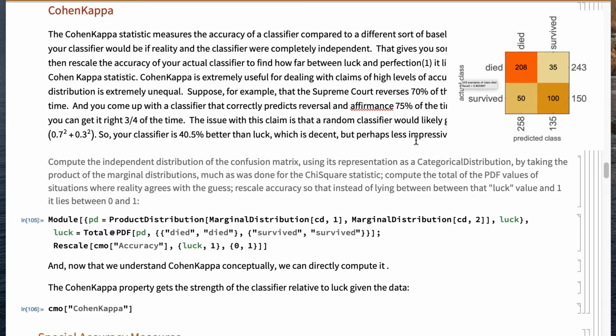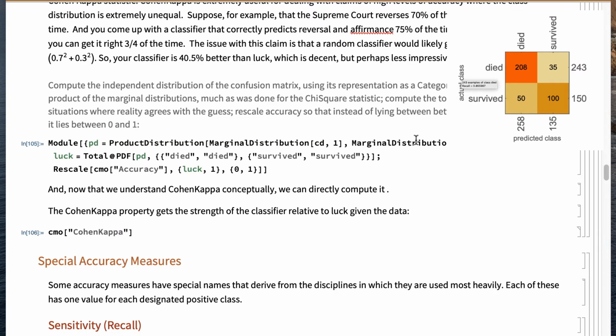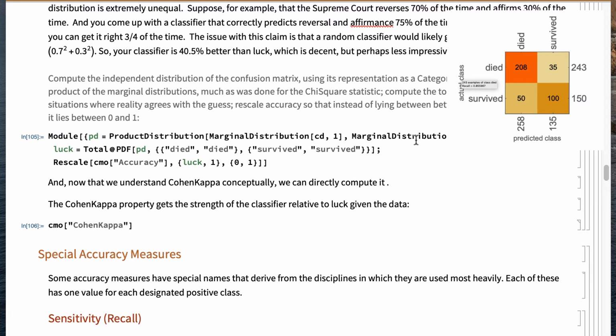The way we compute a Cohen-Kappa is very similar to the way we did computations of chi-square statistics. If you hearken back to that, we're going to take the marginal distribution of the categorical distribution representation of the confusion matrix, first the first marginal, then the second marginal, and take the product distribution.